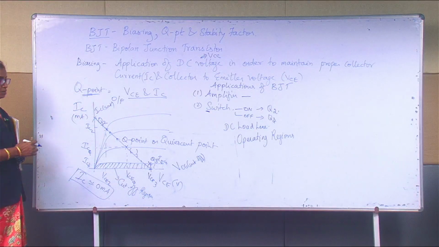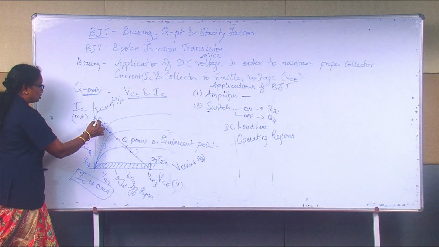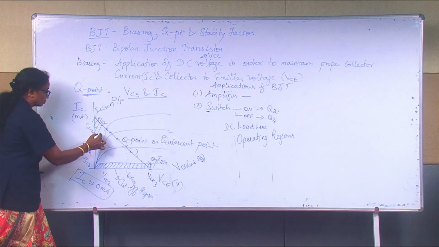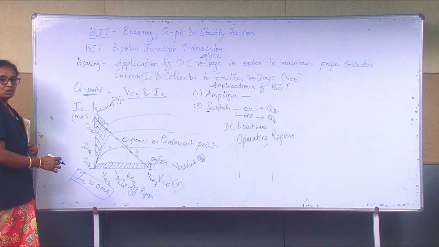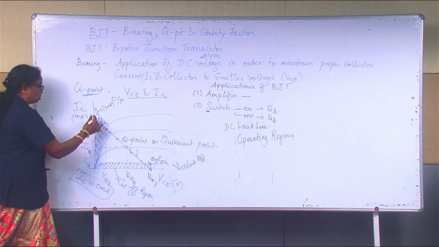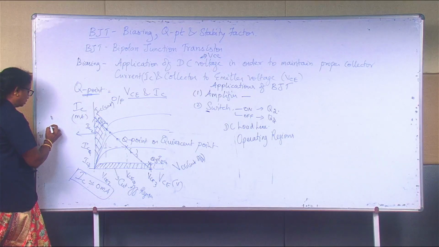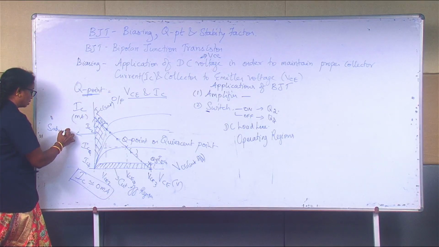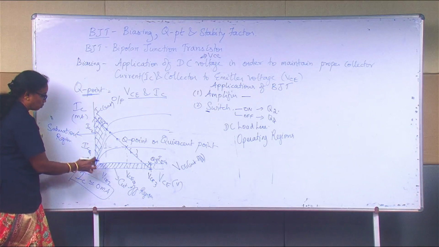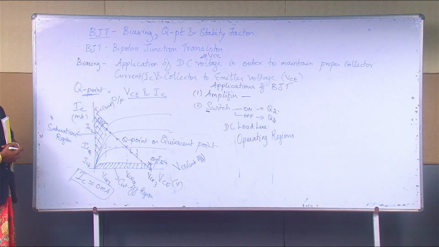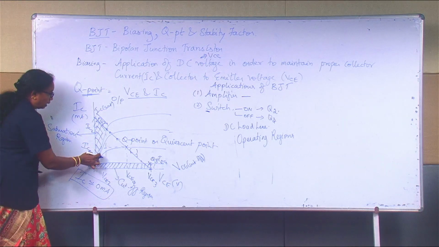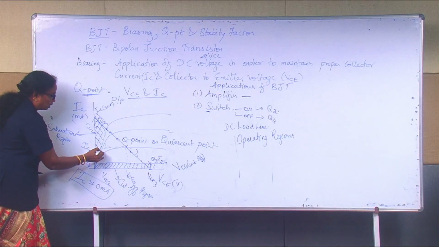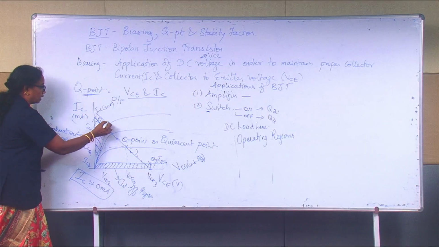I have another region, which is the saturation region. So, this entire range of current, for some small range of VCE, you say it as the saturation region, where for any given input conditions, I will get maximum collector current.